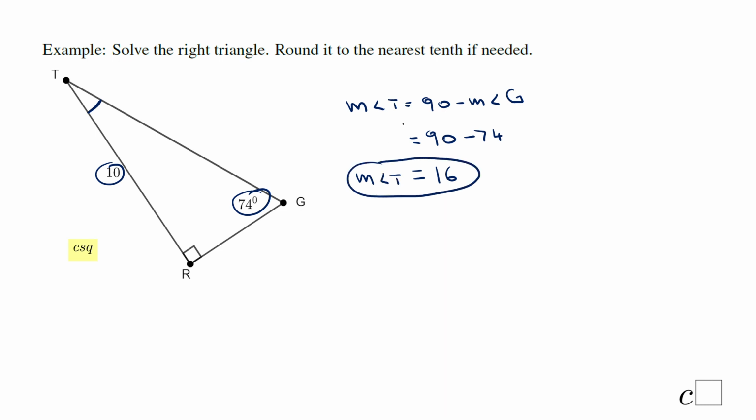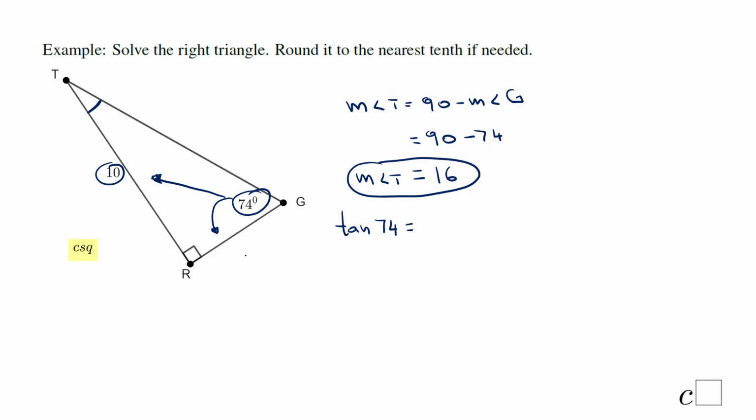Now we're looking to find the missing sides, and again here I will use the information we have. We have the angle, we have this opposite leg, and let's say we want to find the adjacent leg. So I'm going to use the tangent of angle G, which is 74.